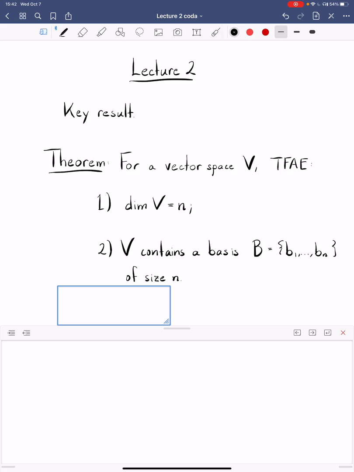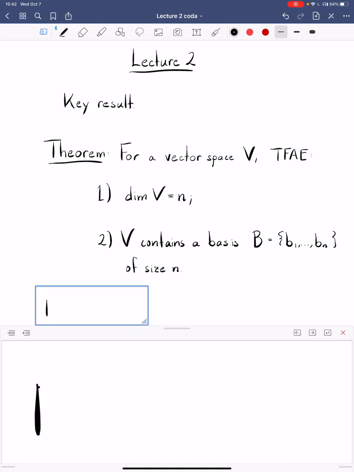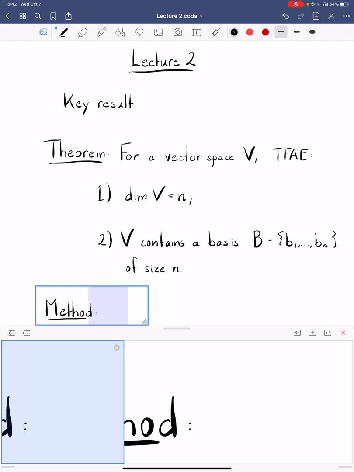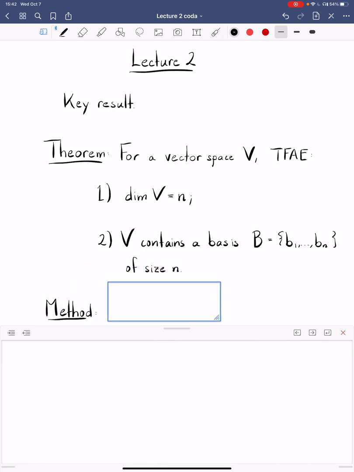One of the main features of this result is that it gives you a method to calculate the dimension of vector spaces. Calculating the dimension directly from the definition is kind of hard. What do you have to do to show that the dimension of a given vector space is n?